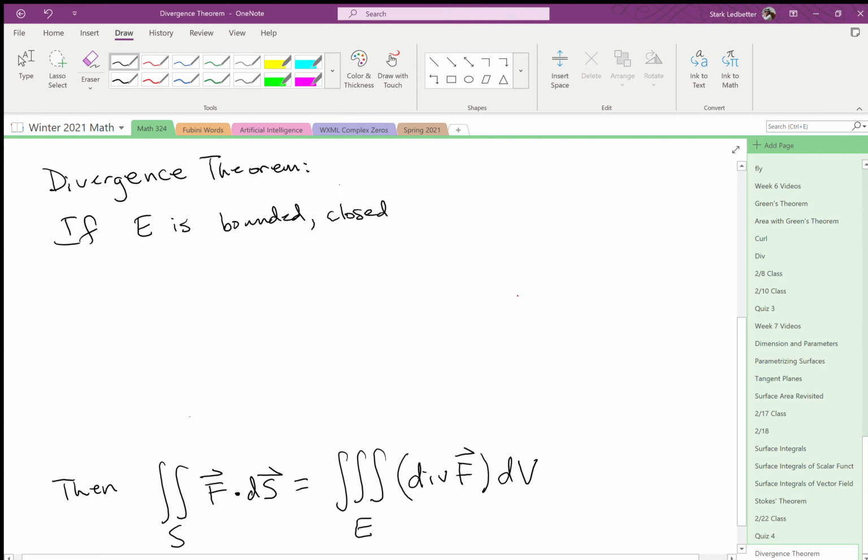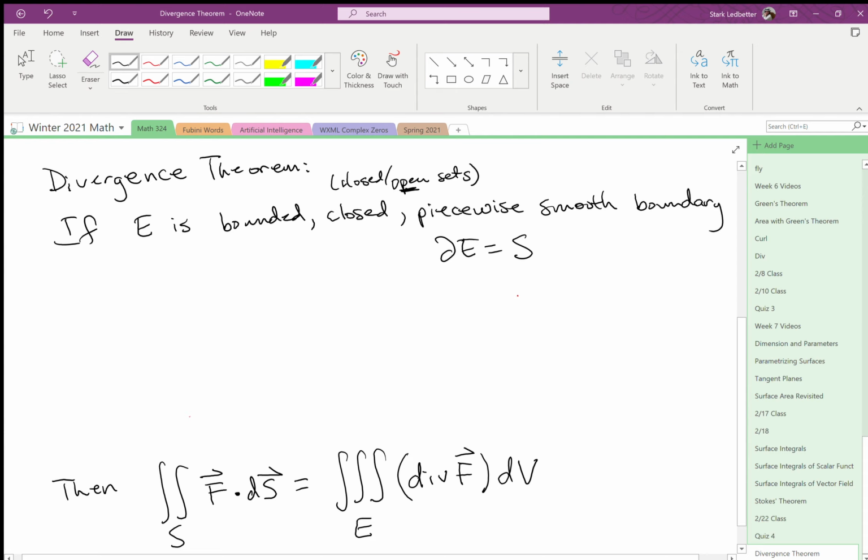Closed, like in closed and open sets: a set was open if you could draw a ball around every point and still have it be in the set, so closed is the opposite. And then a piecewise smooth boundary, where the boundary of E equals S. So S is the surface, and E is inside.